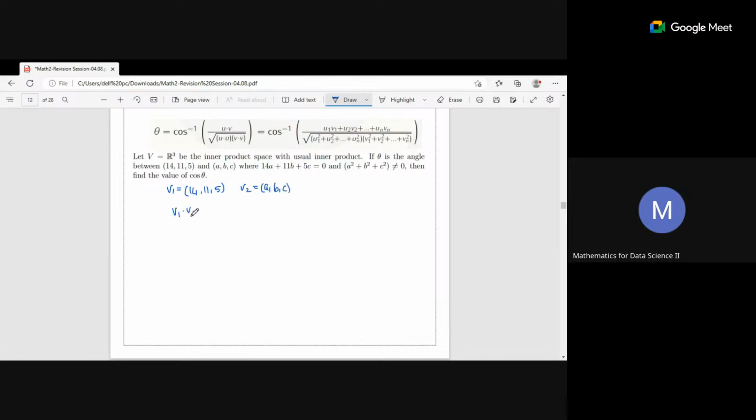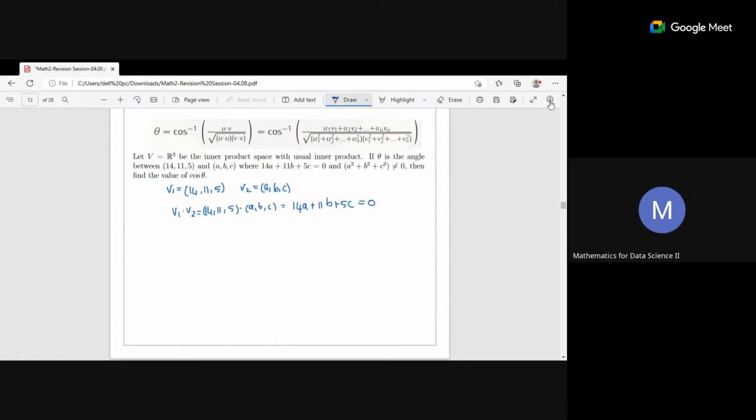Your v1 dot v2 is 14, 11, 5 dot a comma b comma c. What is that? It is 14a plus 7b plus 5c, and that is given as 0. Now they are asking us to find the value of cos theta.